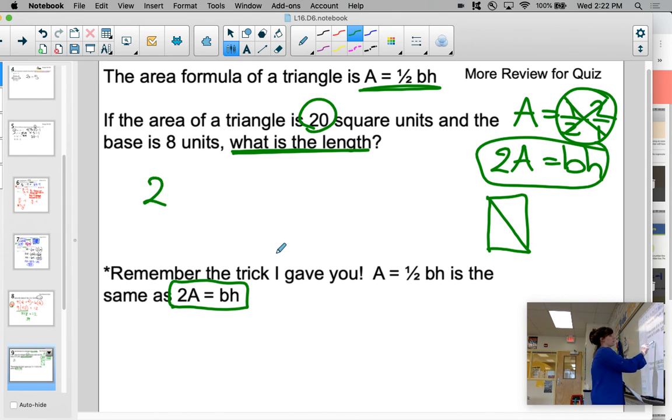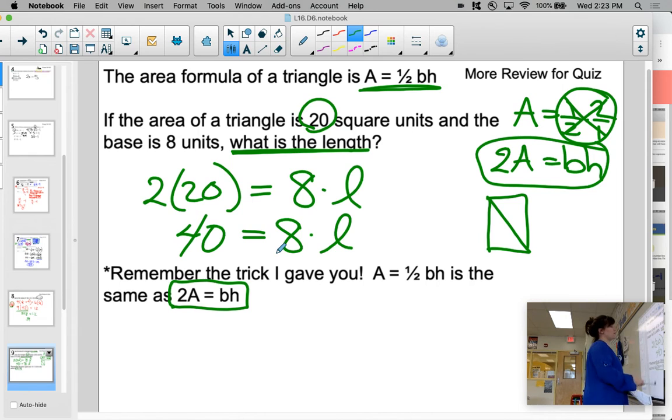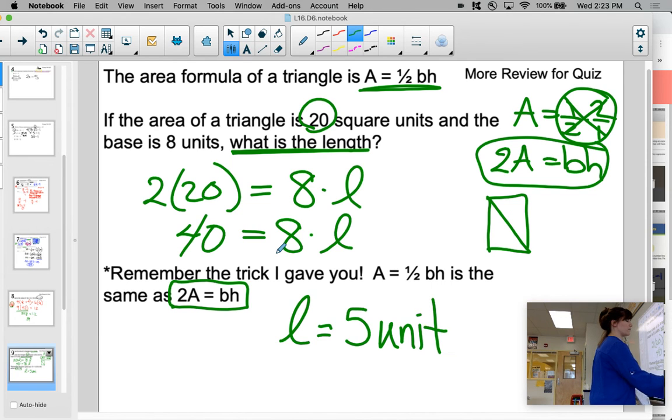So 20 times 2 is going to be equal to 8 times something. In this case, it's the length. So 40 is equal to 8 times something. And I know my math facts, 8 times 5 is 40. So the length is going to be 5 units.